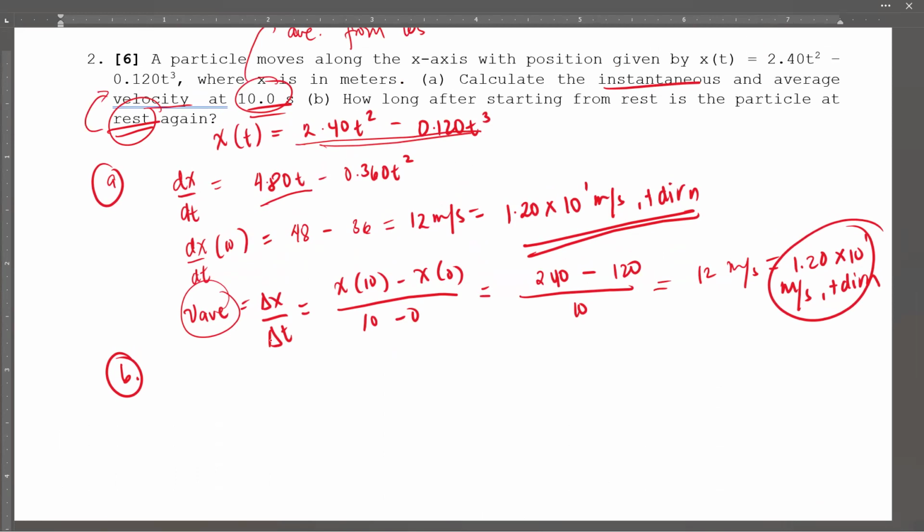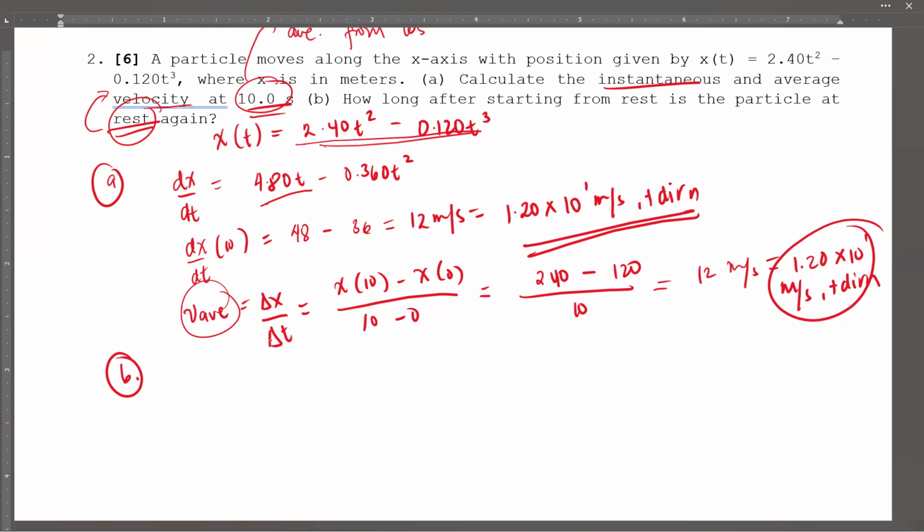So, ibig sabihin, kailan daw magzi-zero ulit 'yung speed ng object? So, 'yung iba kasi, in-equate nila 'yung x of t sa 0, which that does not make sense kasi if you equate the x of t to 0, ang tinutukoy mo, nag-zero 'yung x, 'yung position. No, bumalik siya sa starting position, but it's not the question, no? Ang tanong sa atin dito ay, is the particle at rest again, no?